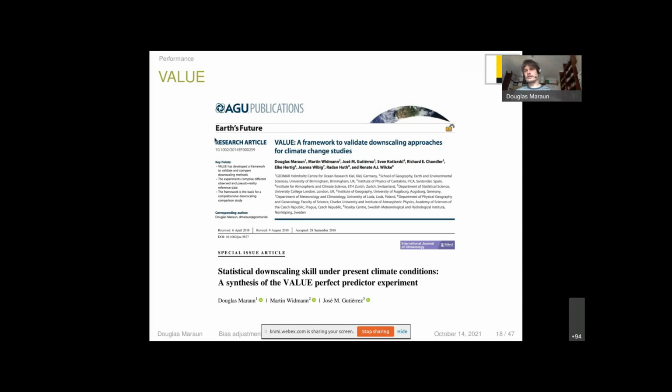And then we conducted a very, very big exercise with something like 50 or 60 methods participating, and had a joint protocol, which was defined in this paper. And then we looked at the evaluation. And this is the synthesis paper of this evaluation, but it's a full special issue.